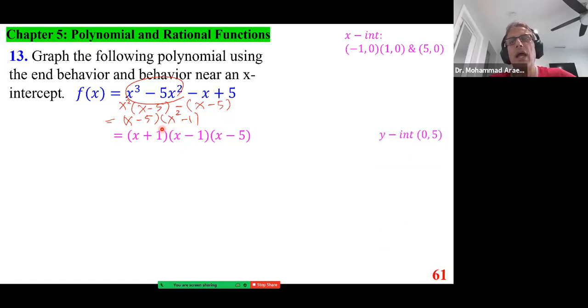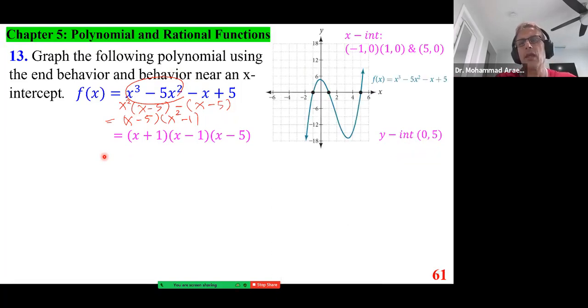So right away, you have four points. If you draw those points, and look, this one is x cubed, so you have an idea how the end behavior looks: the first and the third quadrant. So take a look. We have those points and the end behavior. And that's all there is to it.